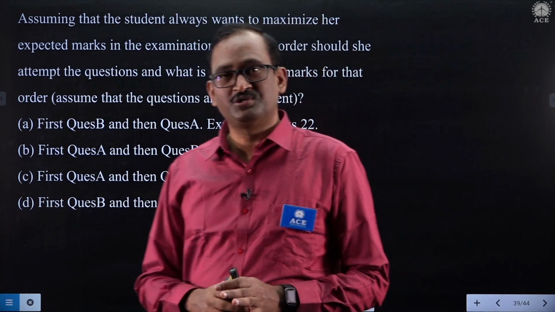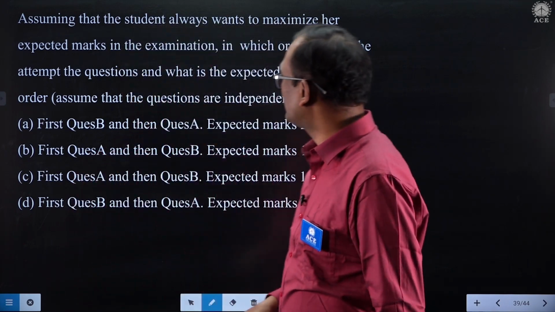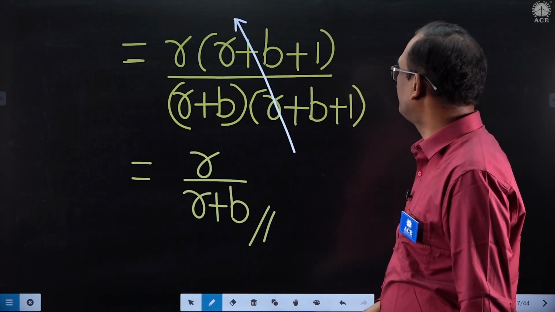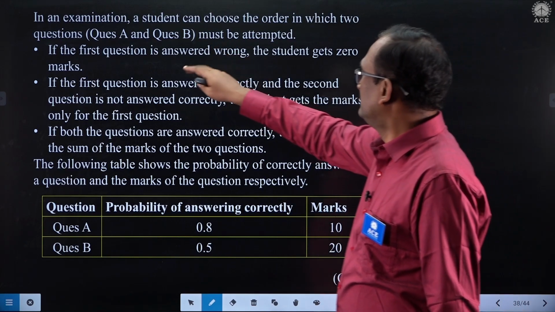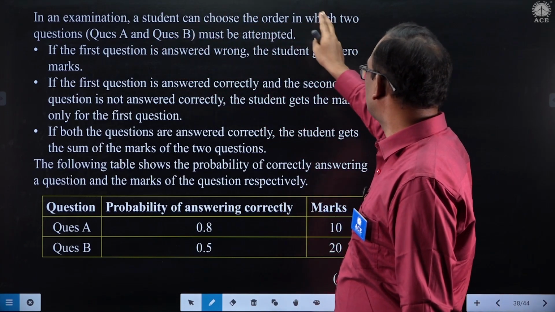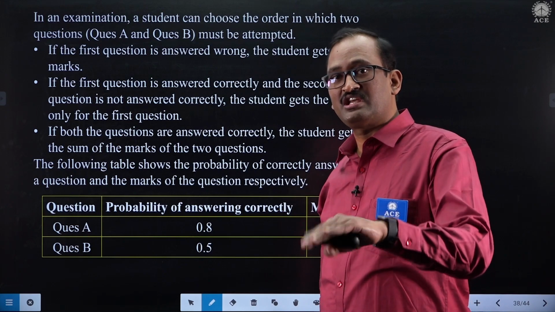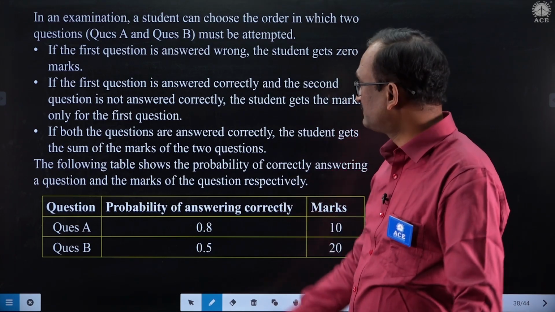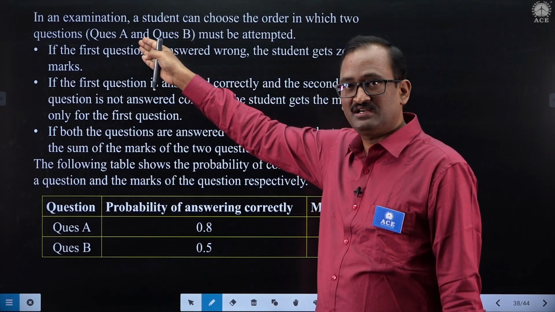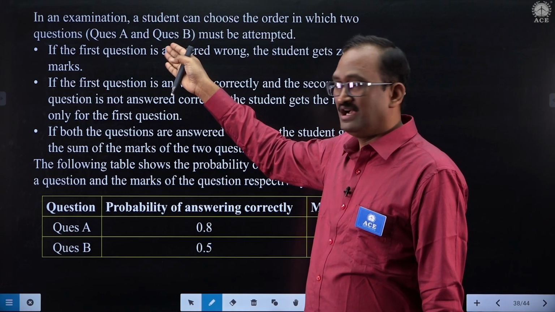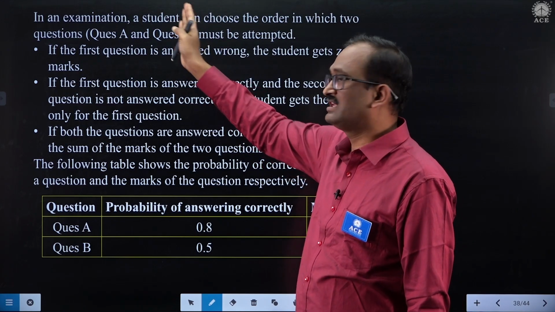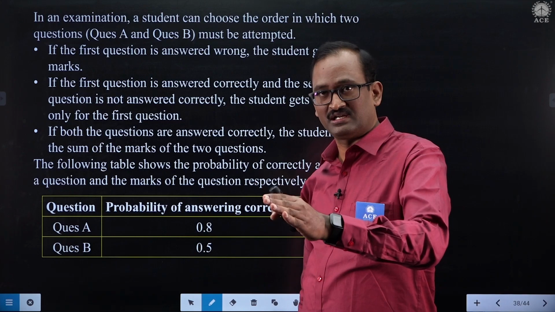Now let me assume. Student can choose the order in which two questions can be attempted. There are two possibilities. First, question A is answered and then question B, or question B is answered and then question A. In any order you can attempt.